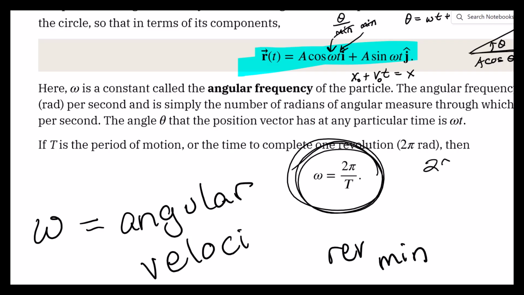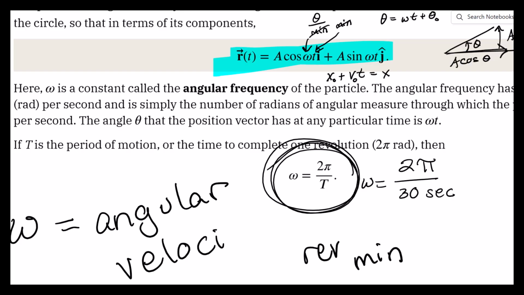So we do 2 pi revolutions in 30 seconds, then that's the angular velocity.